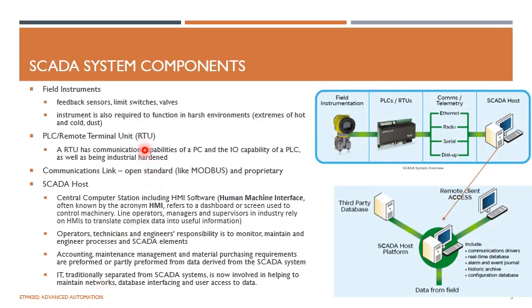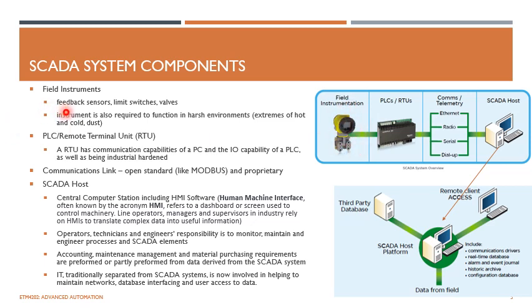Now we can see the components of a SCADA system. So there are a few components. If you take a look at the overall picture of the SCADA system, the first one you will see in a plant or industrial environment is the field instrumentation.